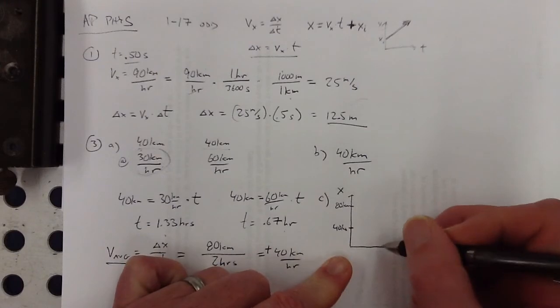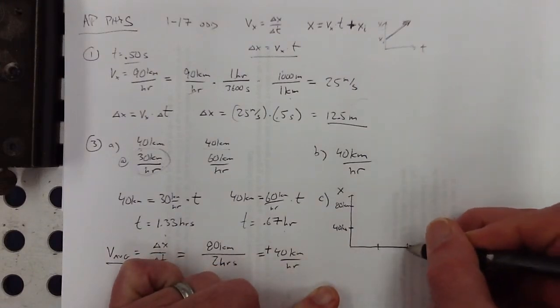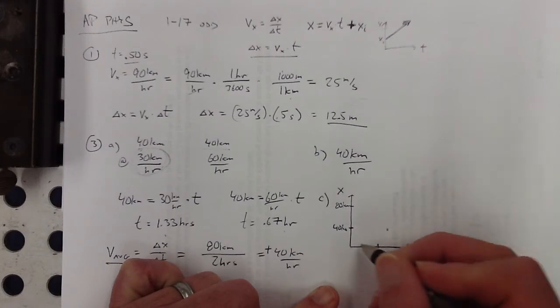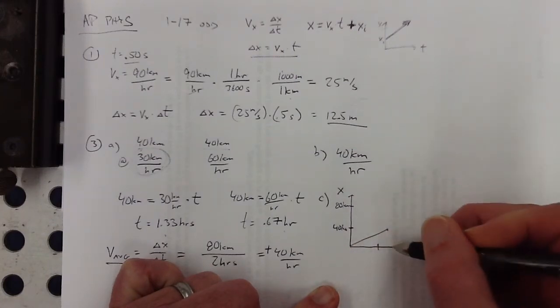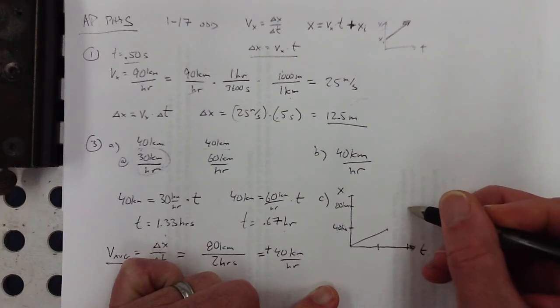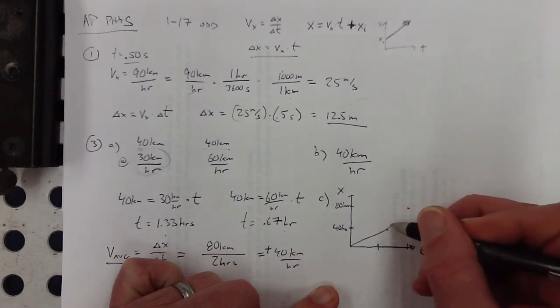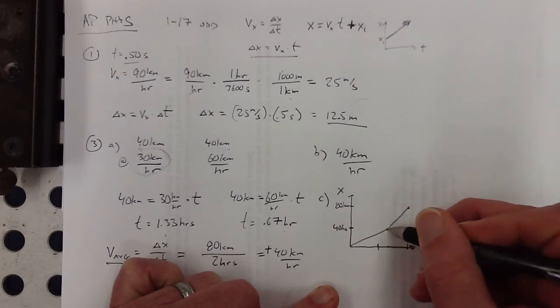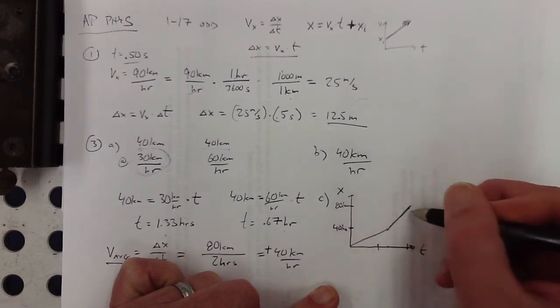So we could just map out the time. If this is like 1 hour and that's 2 hours, then at 1 1/3 hours, that's this. And then in that remaining 2/3 of an hour, that's where we did that.